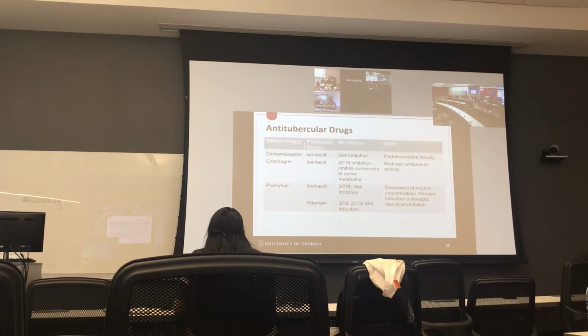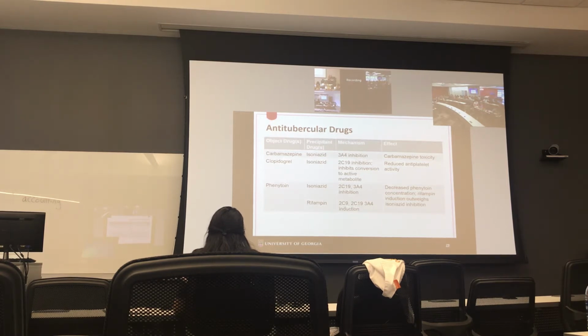When they are used in combination, even though we have these competing interactions that in some ways counteract each other, the rifampin interaction clinically outweighs the isoniazid interaction. So we'll see more induction than we do inhibition. So that will result in decreased phenytoin concentrations and decreased efficacy. If someone needs phenytoin and is on RIPE therapy, we can monitor phenytoin levels and adjust our dose. Or if you can use an alternative anticonvulsant, that would be preferred.